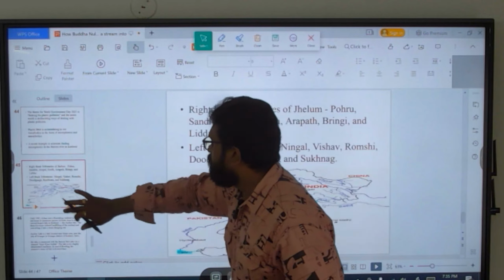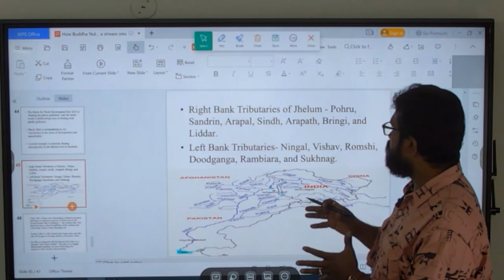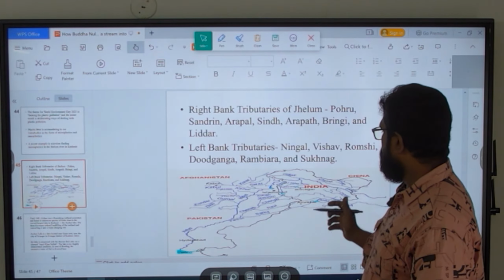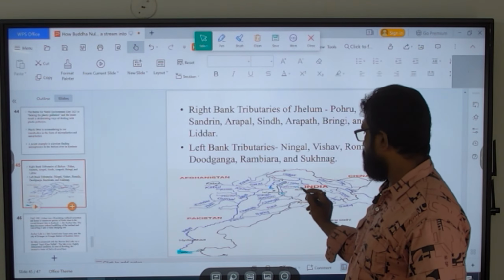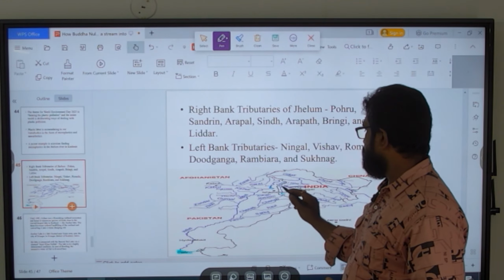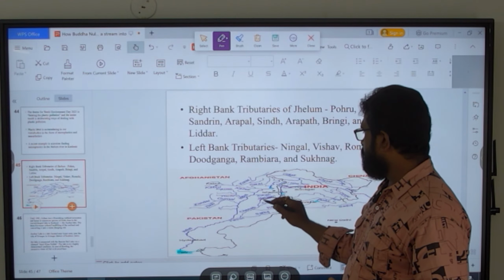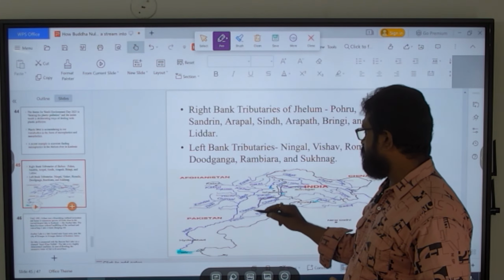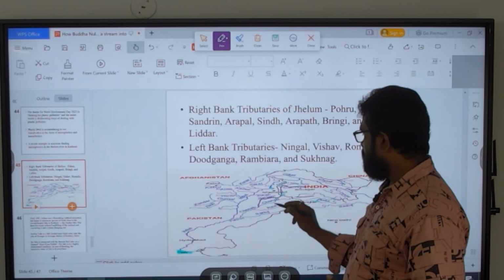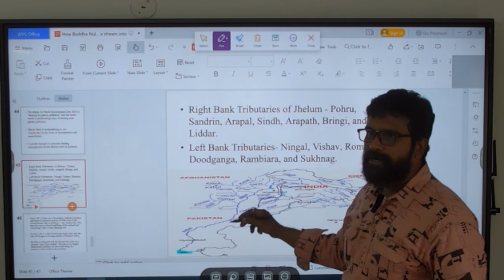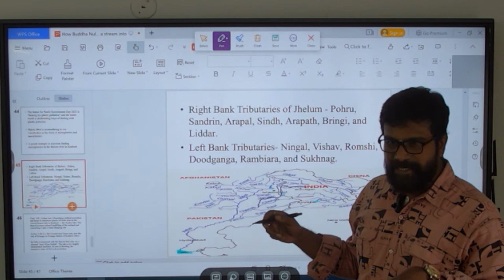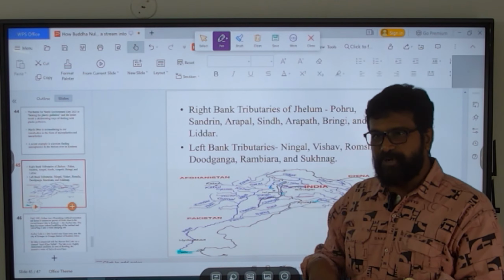Let's see this. What are the right bank tributaries of Jhelum and the left bank tributaries of Jhelum? It originates in Srinagar, and the Jhelum River goes into Pakistan and joins the Chenab. Jhelum is a tributary of Indus, but Jhelum has its own tributaries.